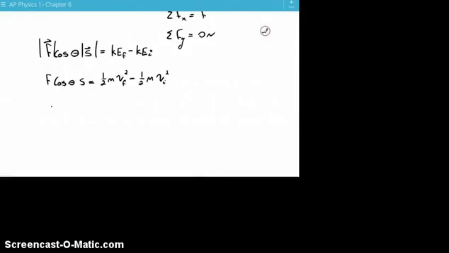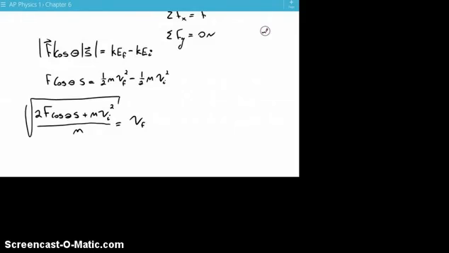So we'll have F cosine theta s. Let's multiply both sides by 2, I'll get rid of our 1/2, plus mass v initial squared, all divided by mass v final. So there's our expression.